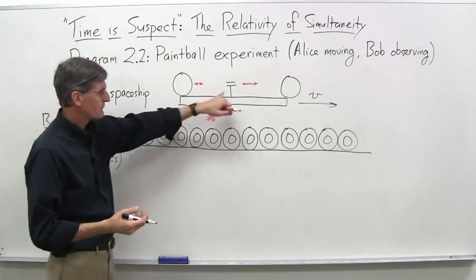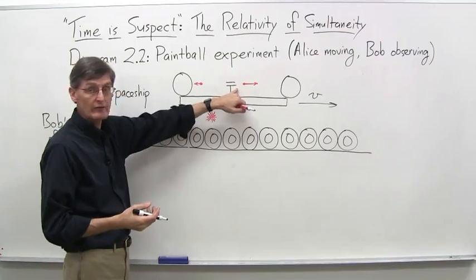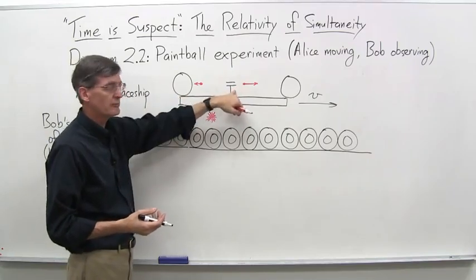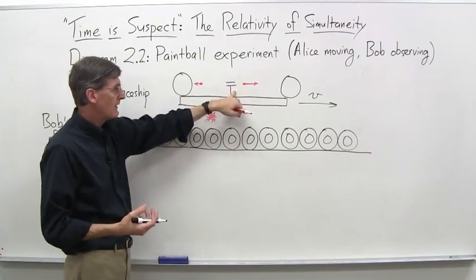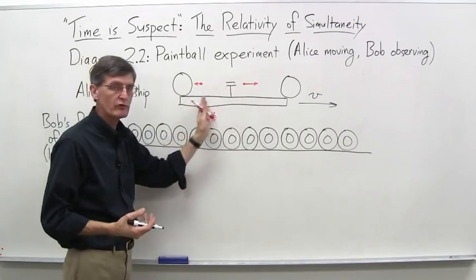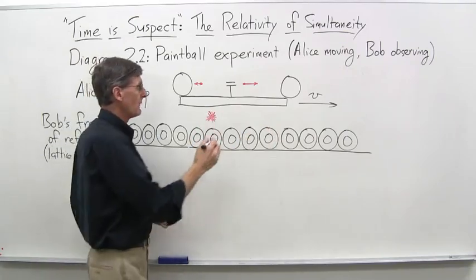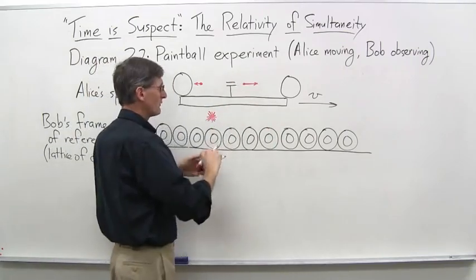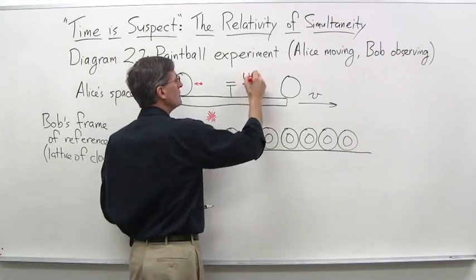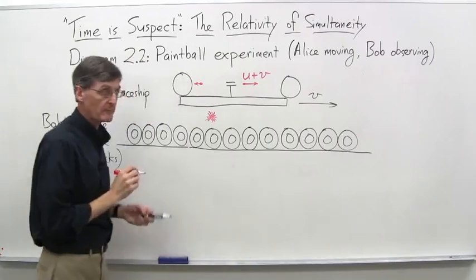So even though this paintball was shot at velocity u with respect to the paintball gun, the paintball gun itself was moving with velocity v when it was shot with velocity u, and therefore the velocity of this paintball, we'll write it in red, is going to be u plus v.